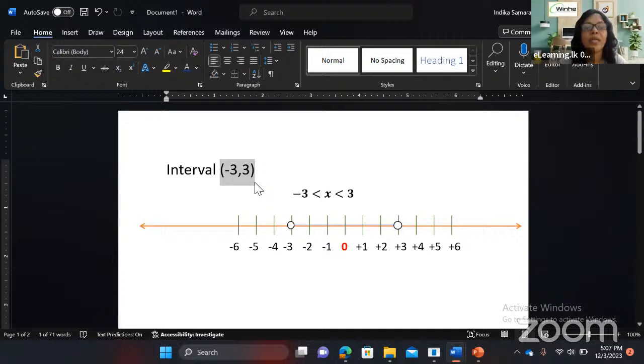If it is an open interval, that means -3 is less than x, with no equal sign, and +3 is greater than x, or else you can say x is greater than -3 and less than +3. How do we denote it on the number line?